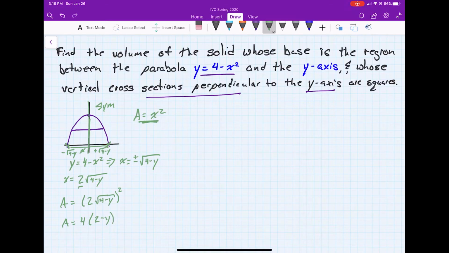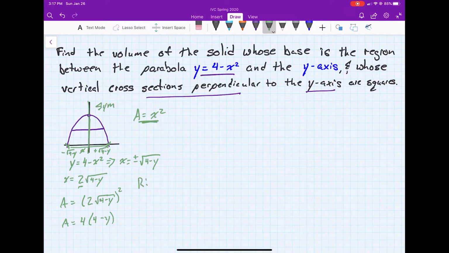And then the root sign cancels with this squared part, and so we end up with 4 minus y. There we go.